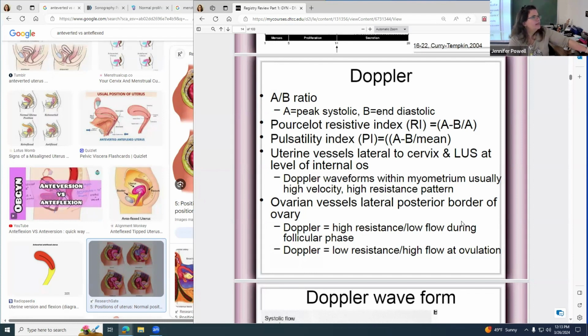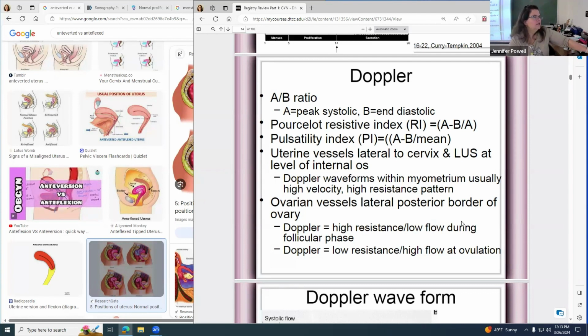Your ovarian vessels lateral to the posterior border of the ovary are usually high resistance, low flow during the follicular phase. However, when you are ovulating, it becomes low resistance with high flow.